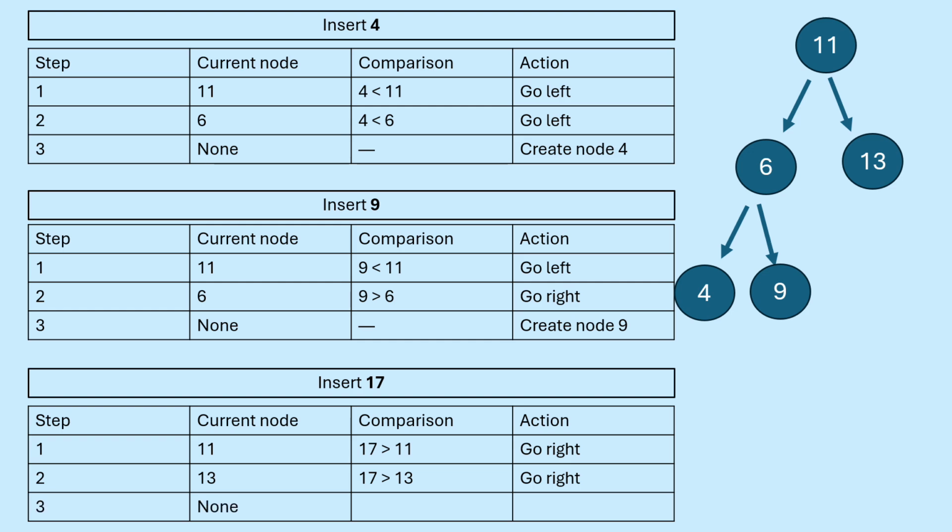But wait a minute, when you get to the right of 13, it's null. There's nothing there. Now, when there's nothing there, that's the only time we could put a new node. So we are going to create a node 17 here. And that is our tree completed, following the algorithm.